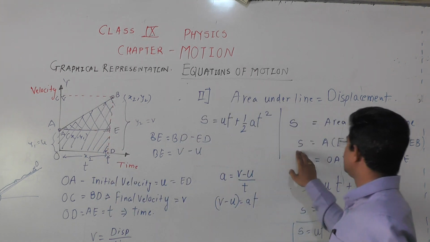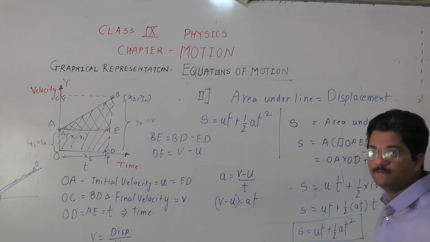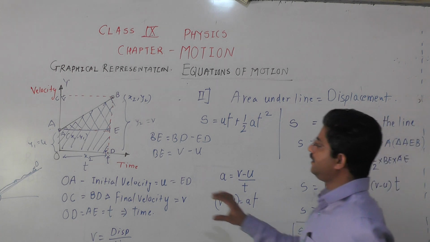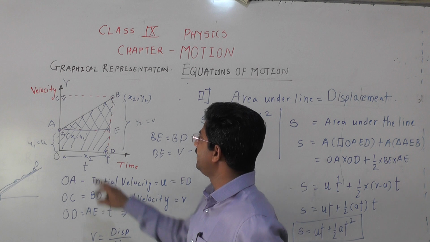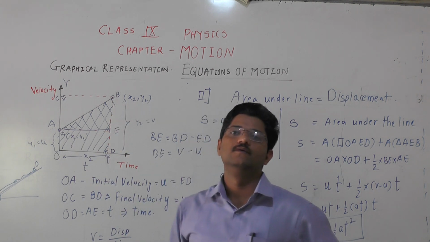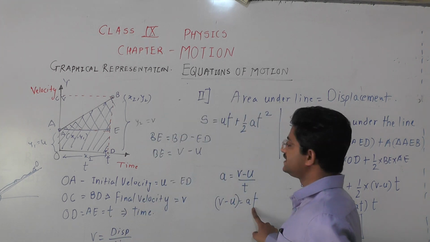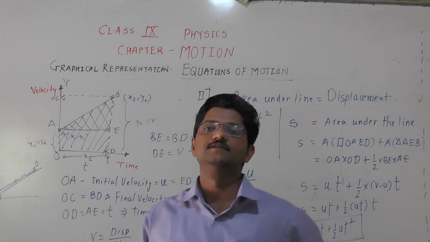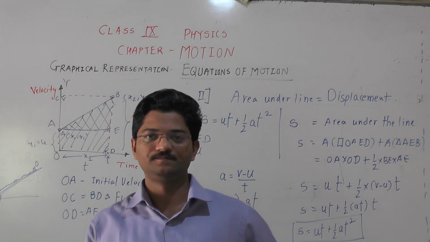So displacement is represented as the sum of the area of the rectangle and the triangle. Then we substituted the values for the area of the rectangle as u into t and the area of the triangle as 1/2 into v minus u into t. And this v minus u is replaced as at, and we get the final expression S is equal to ut plus half at square.